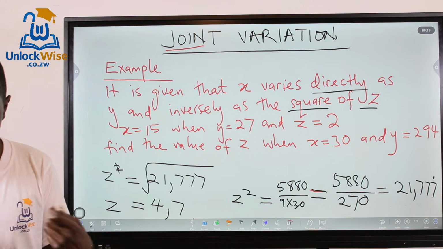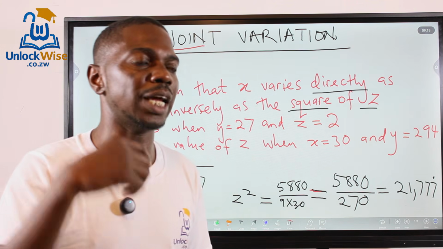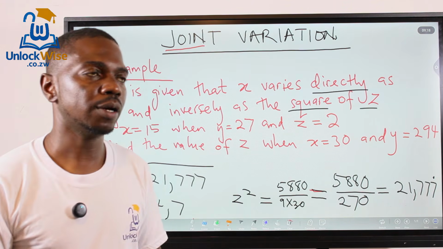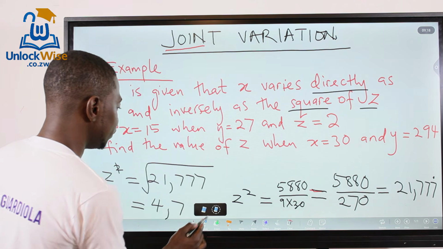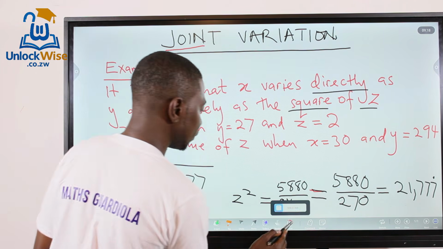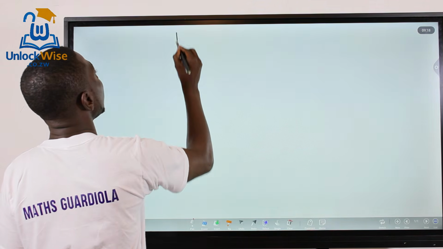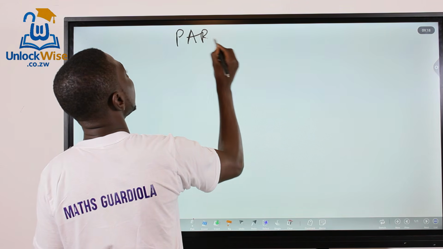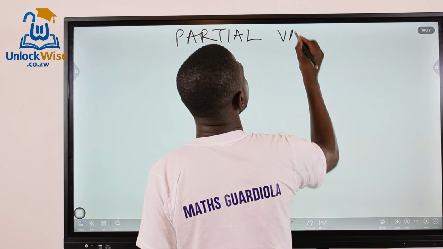So we want to move on to the last type of variation, which is partial variation.